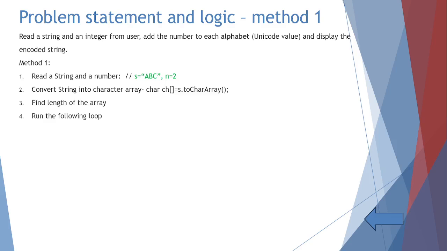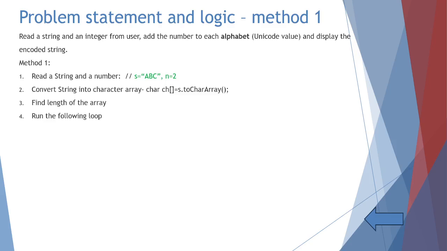So string being immutable creates different objects. What we do is we convert the string into a character array, s.toCharArray(), and store it in ch, which is an array variable.